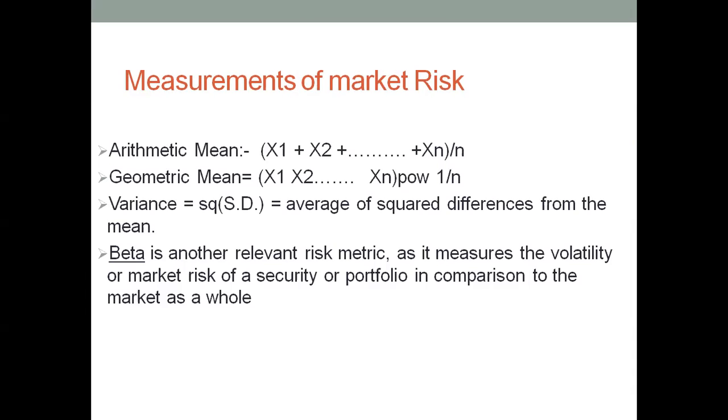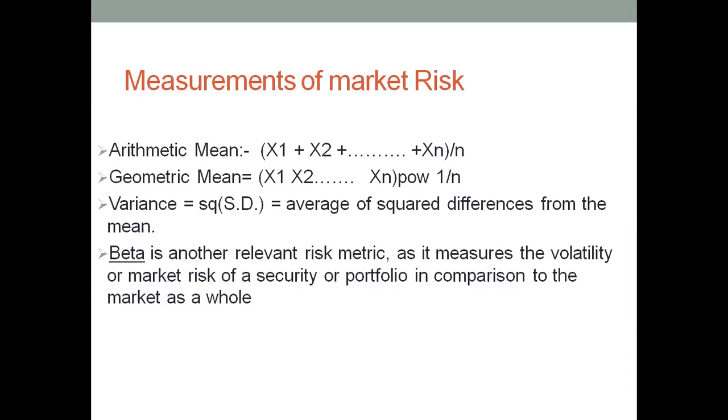This also measures the volatility or market risk of a security in comparison to the market as a whole. Beta measures the sensitivity of a company stock with respect to the market return. Beta can be positive or negative. Suppose the value of beta is plus 2.